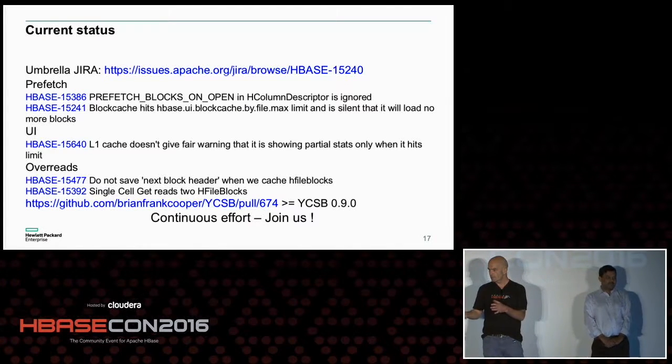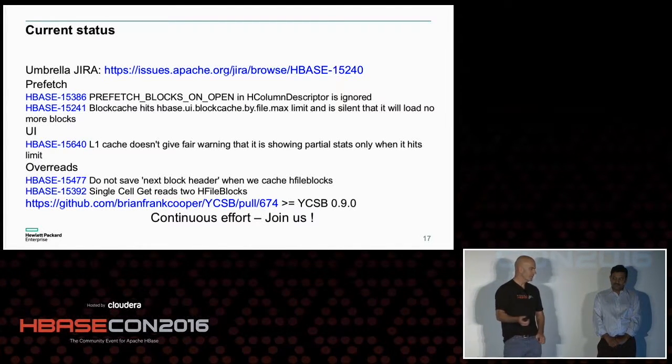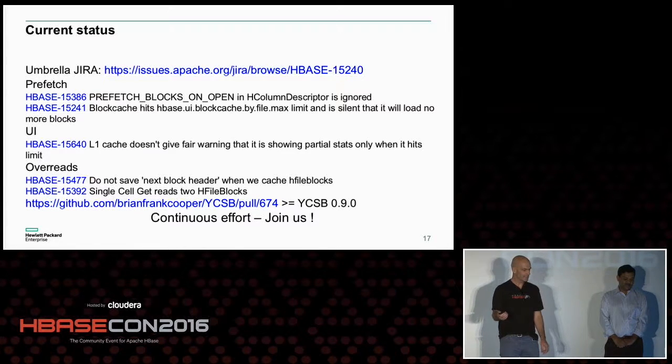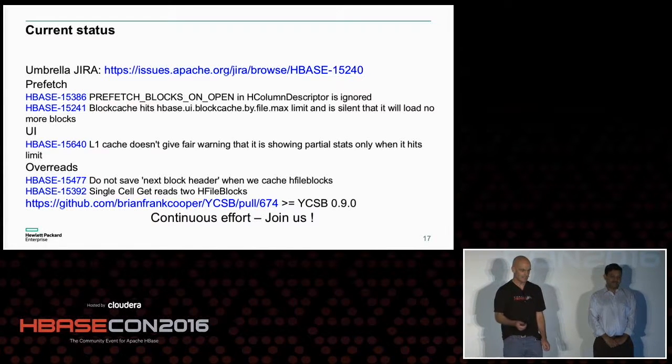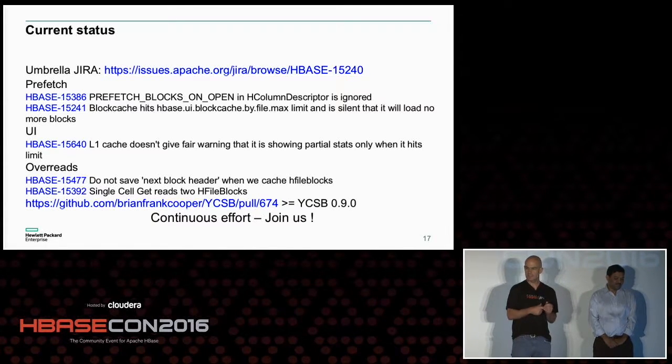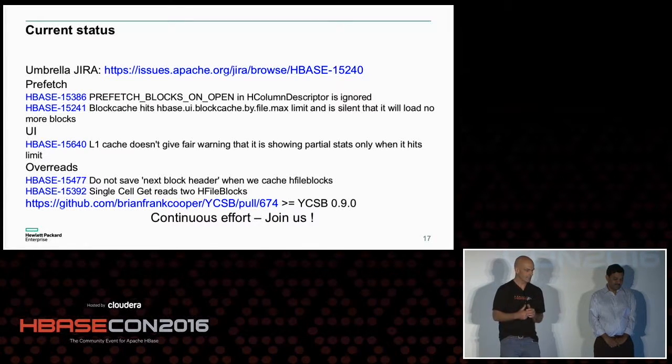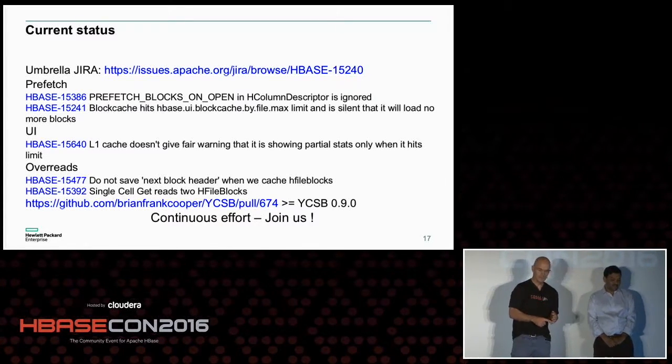Our presumptions were hundreds of thousands of blocks, maybe a million. But when Daniel was doing big stuff, he was doing tens or hundreds of millions of blocks and running into interesting issues in the UI. We were showing you garbage or a rubbish message. So we fixed some of those.